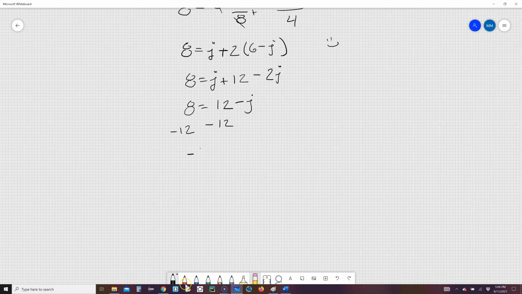Negative 12 plus 8 is a negative 4. That gives me a negative J is equal to negative 4. And we know that we can simply flip the signs and have that we jogged 4, what are the units? Kilometers.